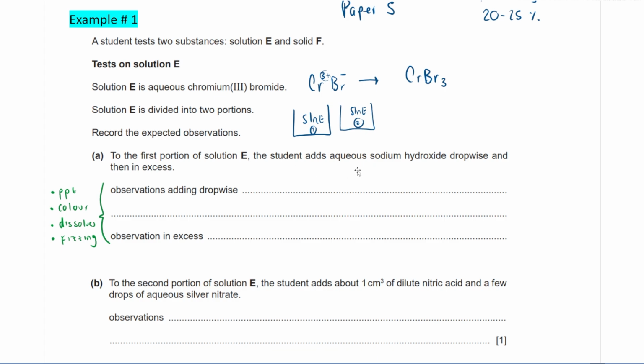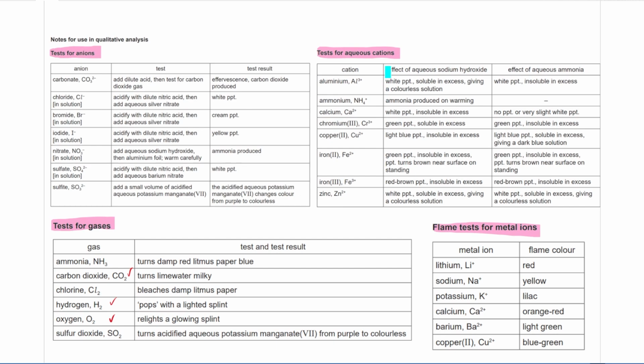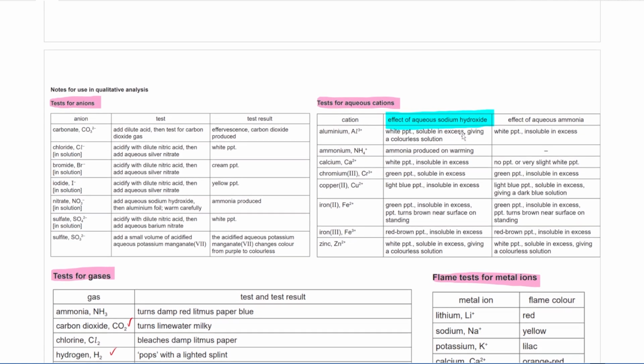So here we have: what are the observations when we add aqueous sodium hydroxide? We have to come here to the notes and look at this. We have specifically notes for when we add aqueous sodium hydroxide. And what we're trying to do here is test cations.